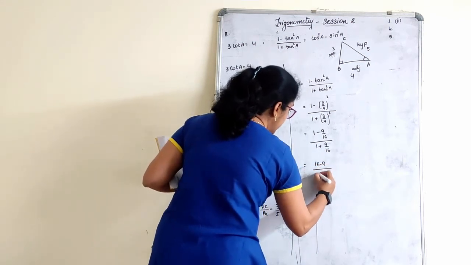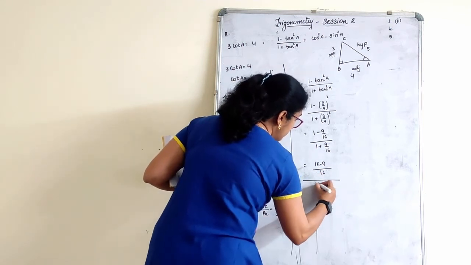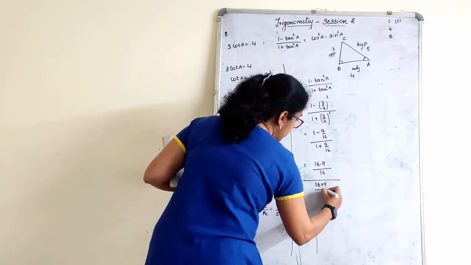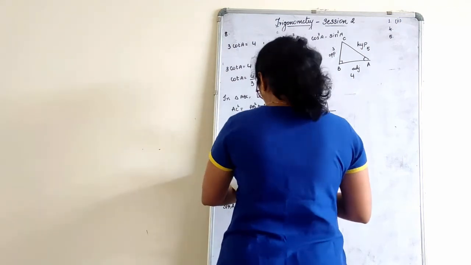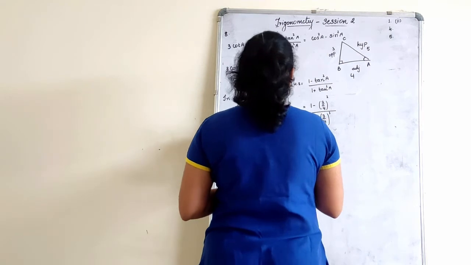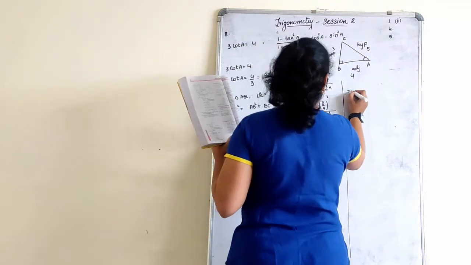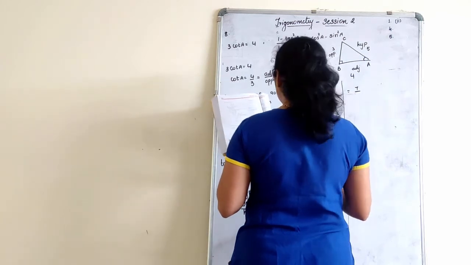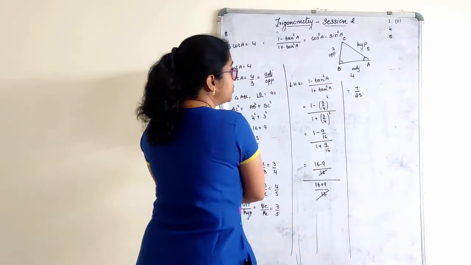That is (16 minus 9) divided by 16 whole divided by (16 plus 9) divided by 16. 16 and 16 will get cancelled, right? 16 minus 9 is 7. 16 plus 9 is 25. My LHS is 7 upon 25.